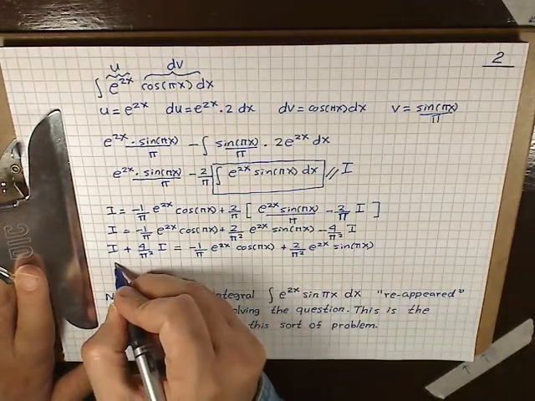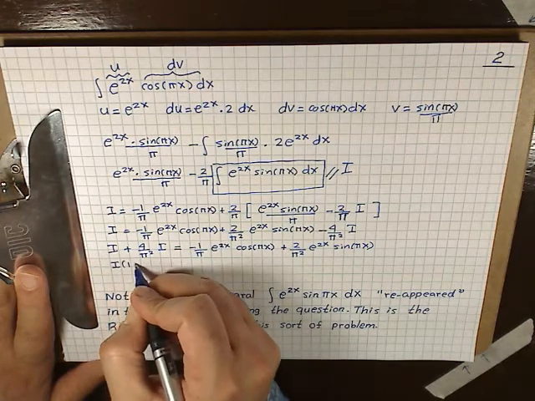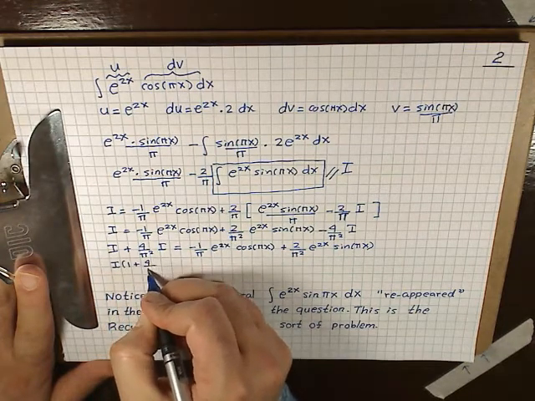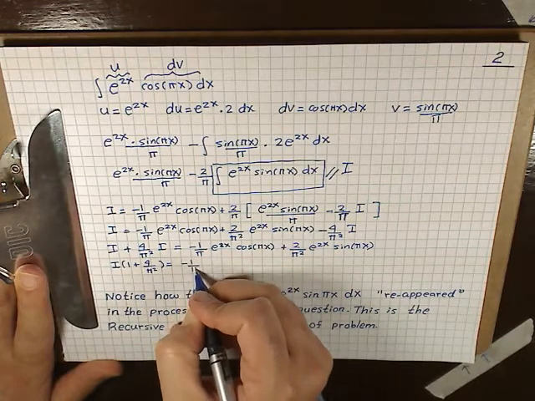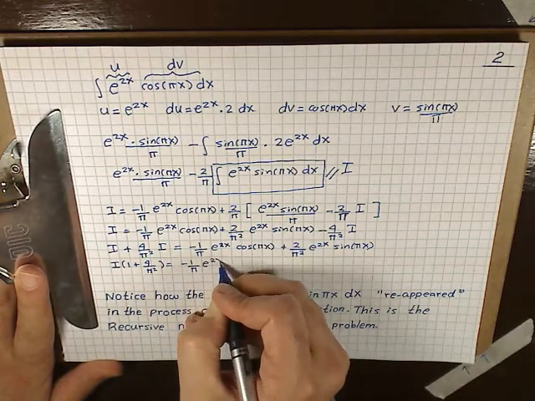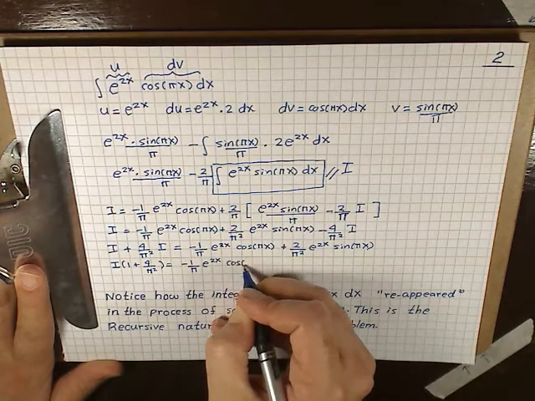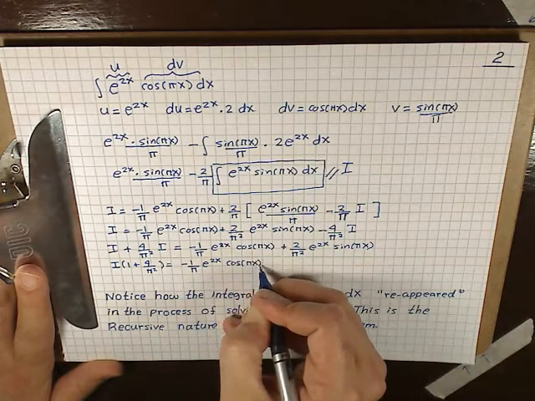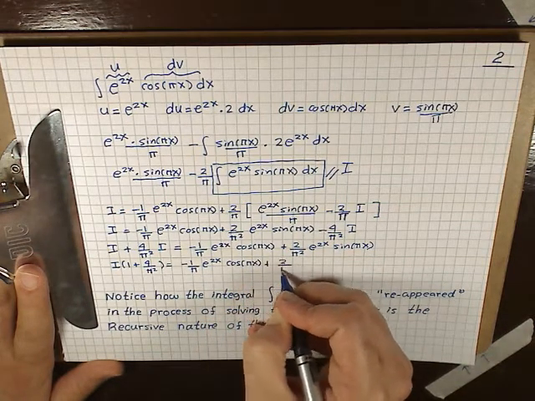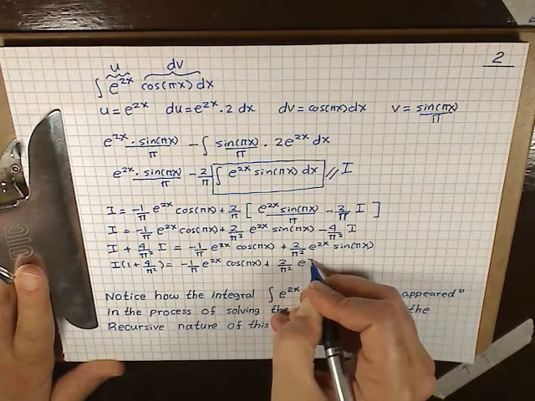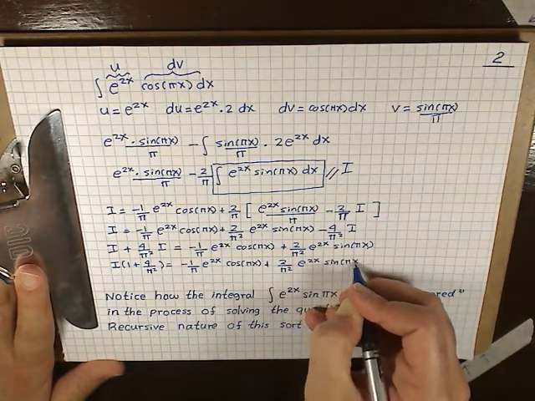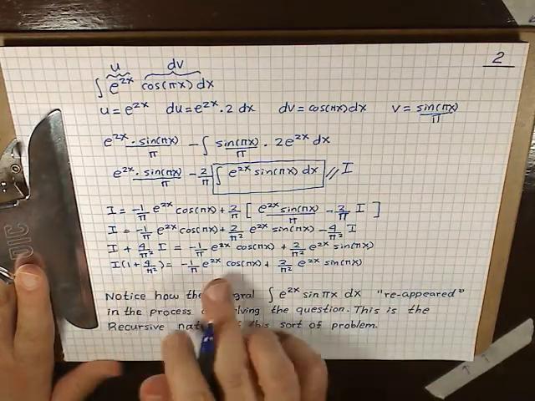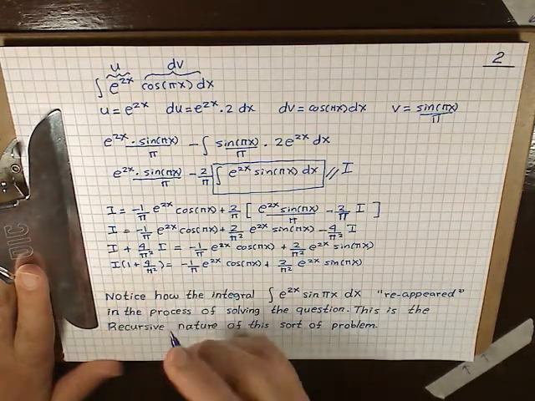Let's factor out the I: I times 1 plus 4 over pi squared is equal to negative 1 over pi e to the 2x cosine pi x plus 2 over pi squared e to the 2x sine pi x. Now we get the answer. Let's divide both sides by 1 plus 4 over pi squared.